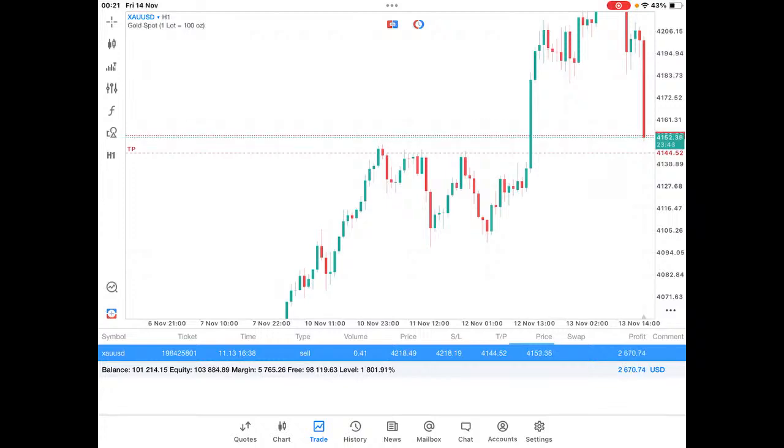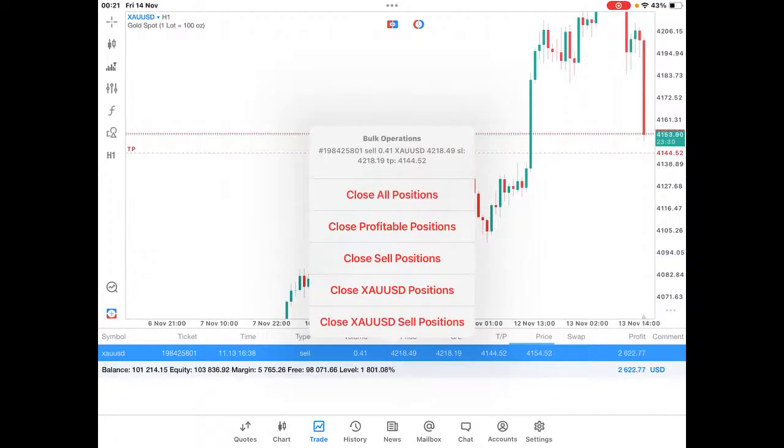Okay, let's do the bulk operation. I want to close this at exactly 104,000 balance. Let's see how much it is. I can feel that impatience, you know, seeing the profit, and I think this happens to every trader.